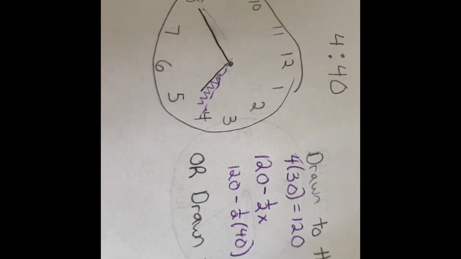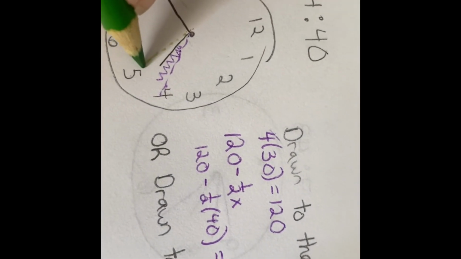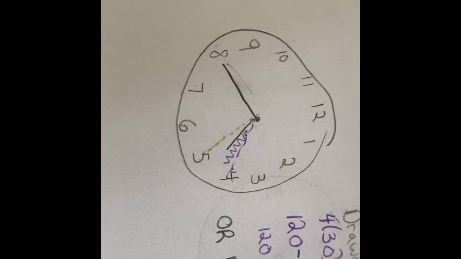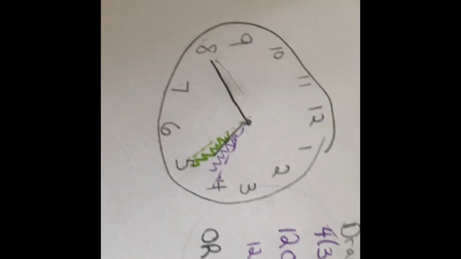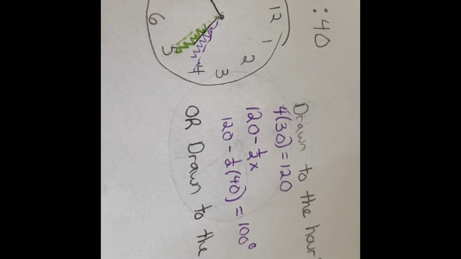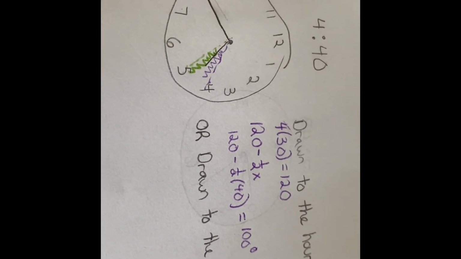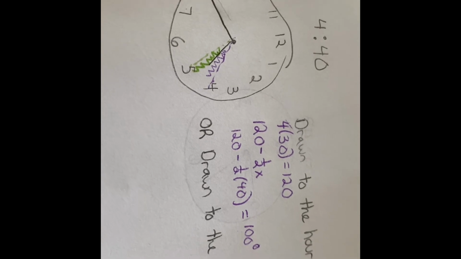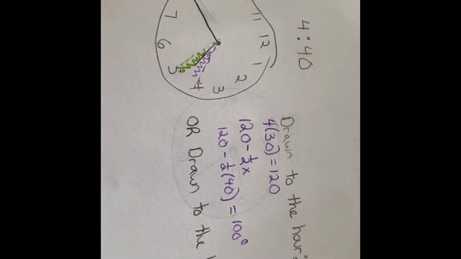Now our other option here is if you were to draw this hour hand to the 5 instead. So then, instead of subtracting that 1/2 x, we're going to have to add it. But because we're rounding to the hour ahead, it changes our formula to not the minutes that are past in the hour, but the minutes that are remaining in the hour.